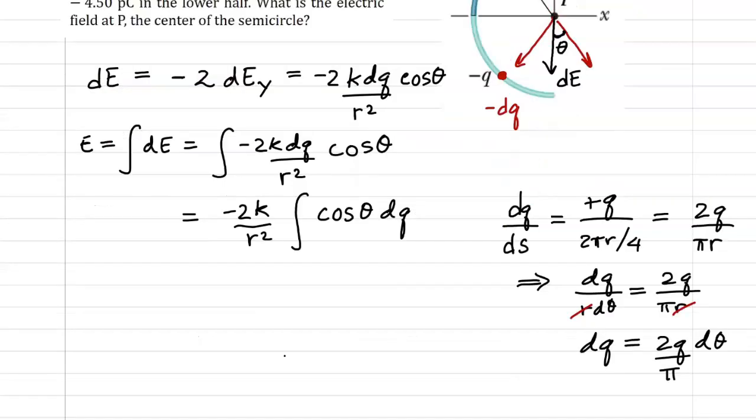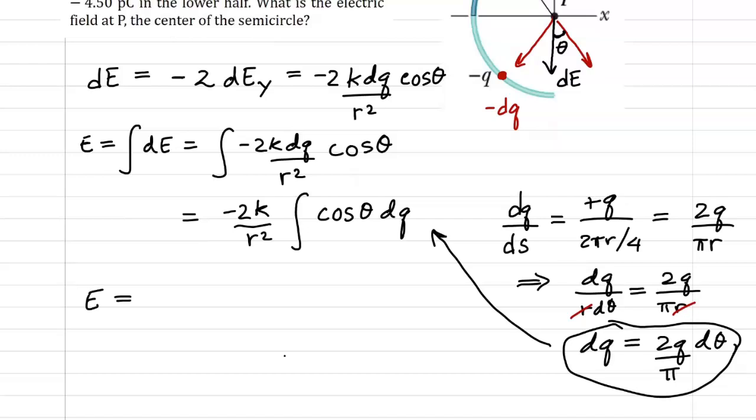So now we're going to take this expression for dq and plug it in over here. Okay, so let's do that. We're going to have electric field equal minus 2k over r squared, the integral of cosine theta times 2q over pi d theta.